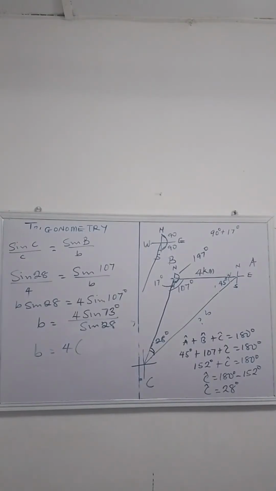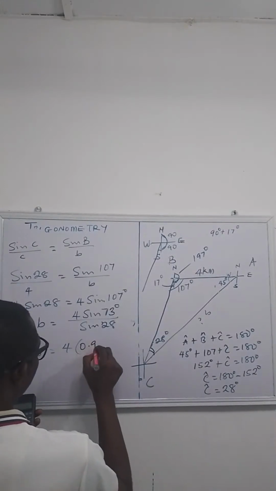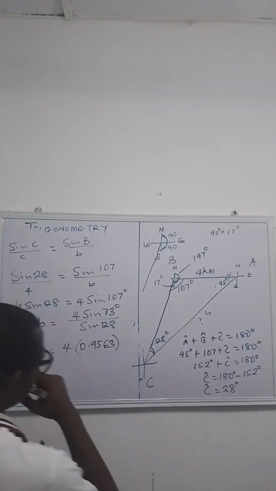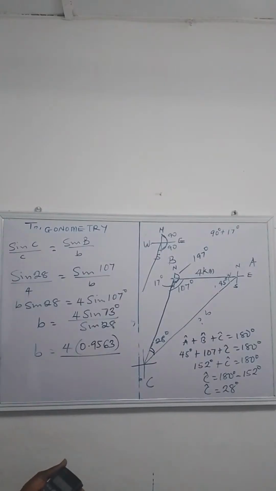Yes, I can see David. Okay, good. So here I have 0.9563. That is what I have here, and everything is all over sine 28.